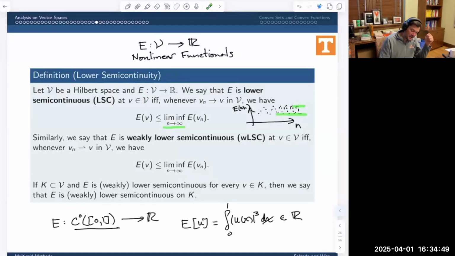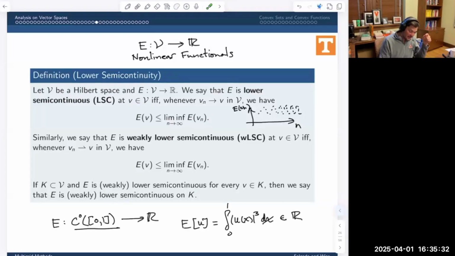So all we need for this to hold true is that at this point V, for every sequence that converges to V, we have this holding. The sequence Vn converges, but the sequence E of Vn doesn't necessarily converge to anything. We need its lower envelope to converge to something which is bigger than E of V. And if that happens, then we say that E is lower semi-continuous at V.